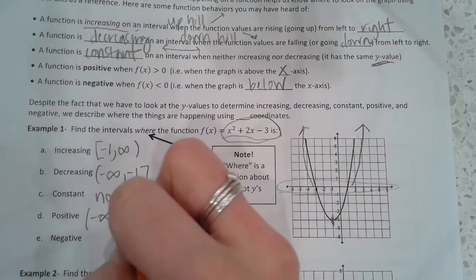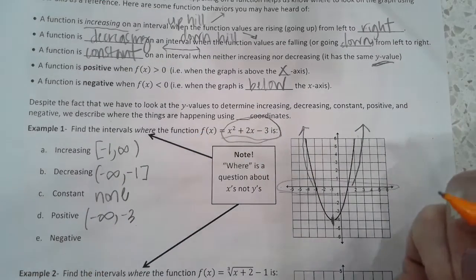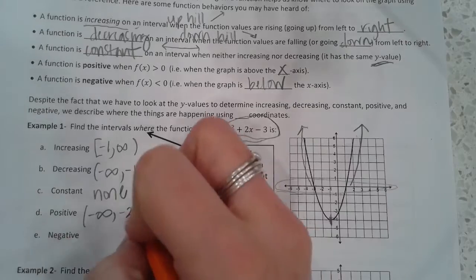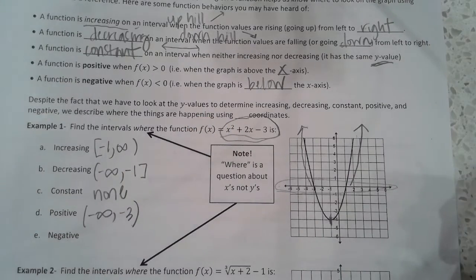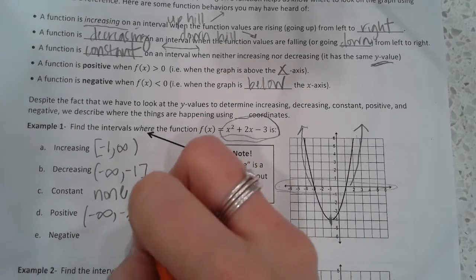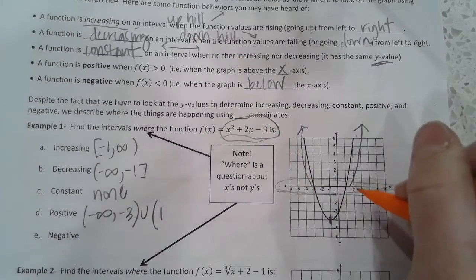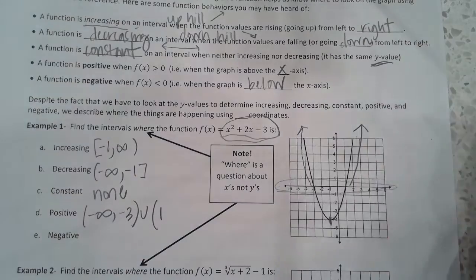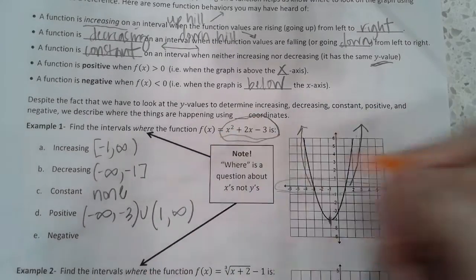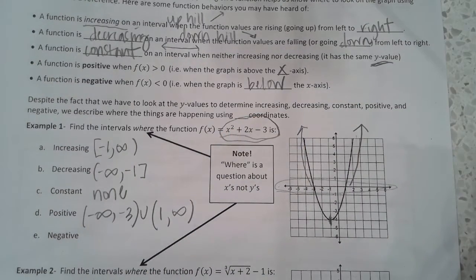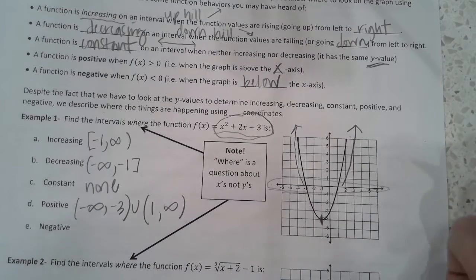Now, -3 isn't positive or negative because it's on 0, so we give it a parenthesis, and we can say the union of this side. So 1, because 1 is not positive or negative, it's 0, to positive infinity. And infinities always have parentheses because they're not something we can grasp. It's not part of the line, it's just something we're moving towards.